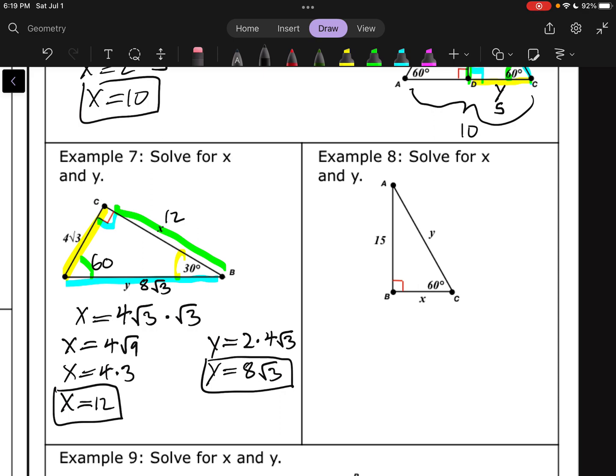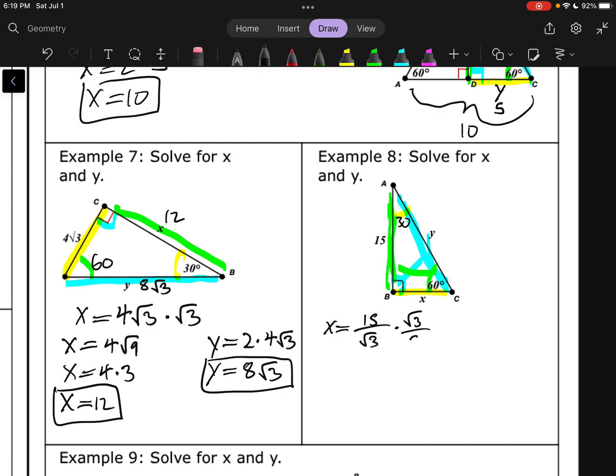Okay, what do we have for number 8 here? That'd be my 30 up top. So x is my short leg, 15 is my long leg, and y is my hypotenuse. So to find the short leg, always want to find the short leg first if we can. Let's go ahead and do the long leg divided by root 3.